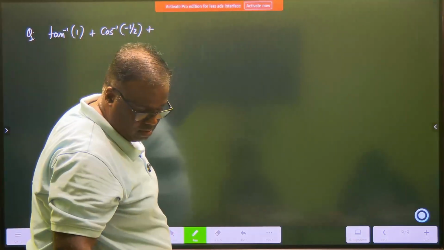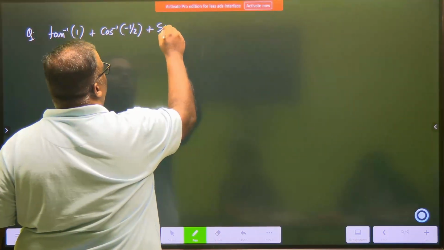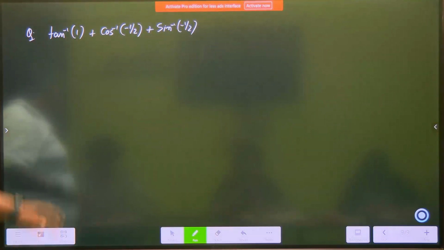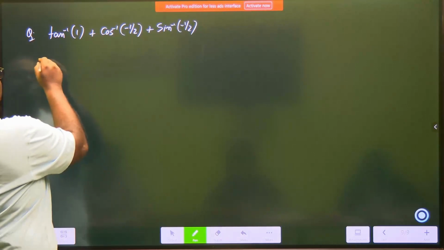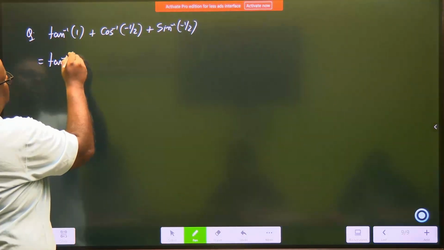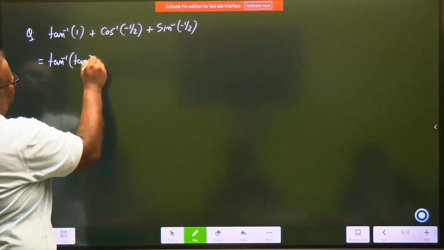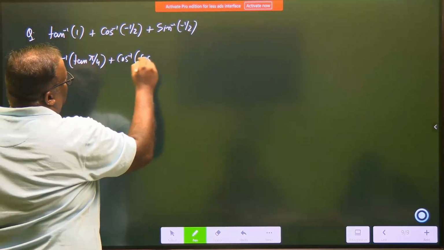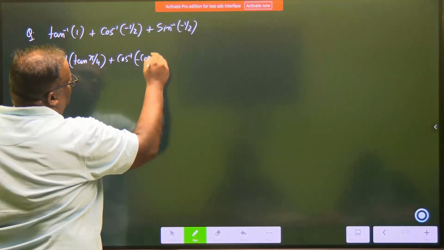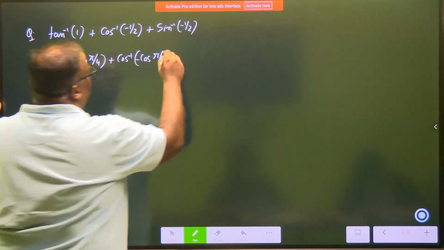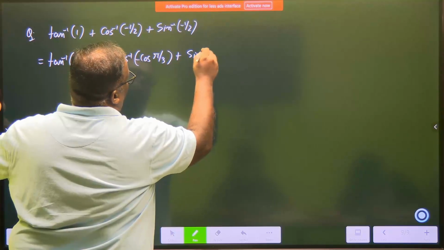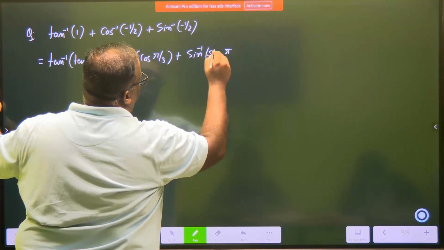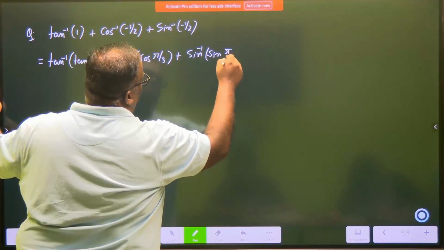Plus sine inverse negative half. Sine and tan will not be an issue for us. Tan 45 is 1, right children? So we write tan inverse tan pi by 4, very good, plus cos inverse of negative cos 60, that is pi by 3, and then plus sine inverse sine of negative pi by 6.